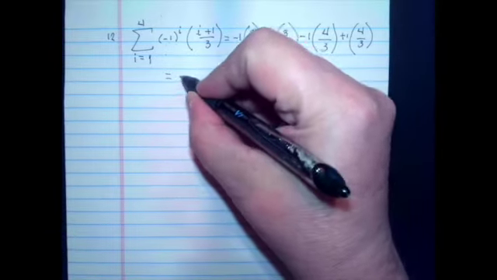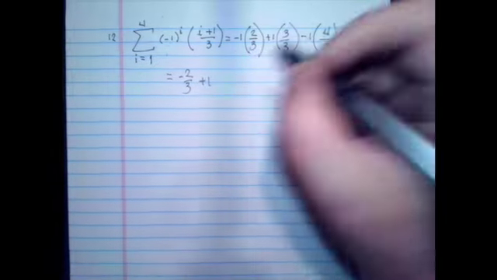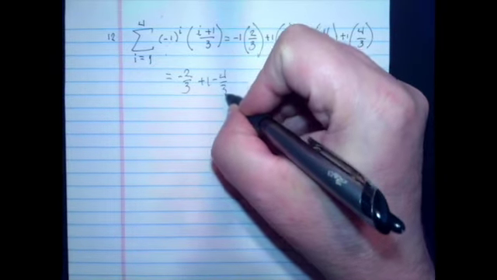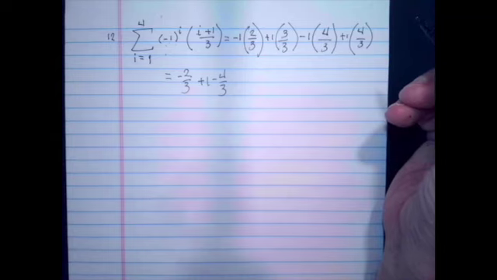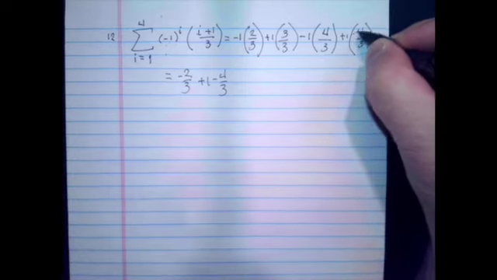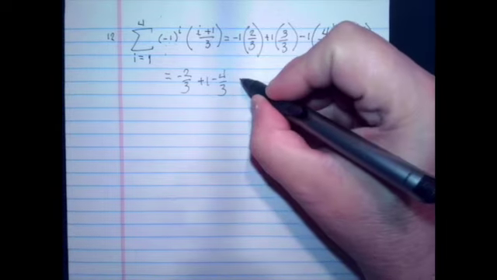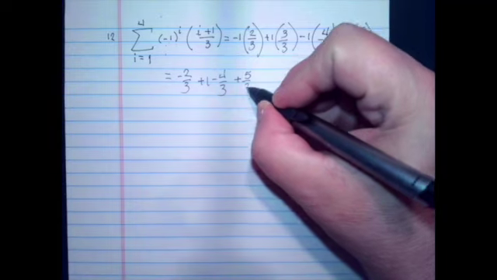This simplifies to negative 2/3 plus 1 minus 4/3. I see I made a mistake. That should actually be 5/3 there. Minus 5/3 plus 5/3.